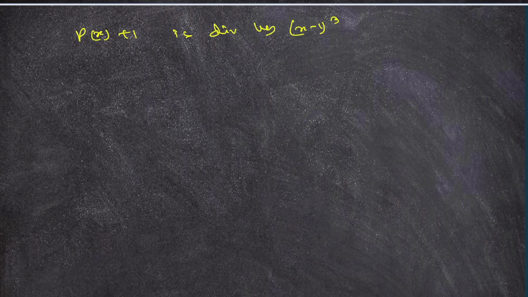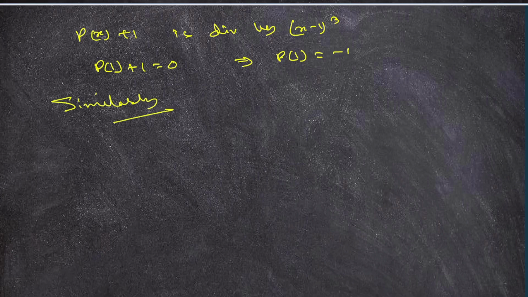So we can say P(1) plus 1 equal to 0, so P(1) equal to minus 1. In a similar manner we can say P(minus 1) minus 1 equal to 0, so P(minus 1) equal to 1.